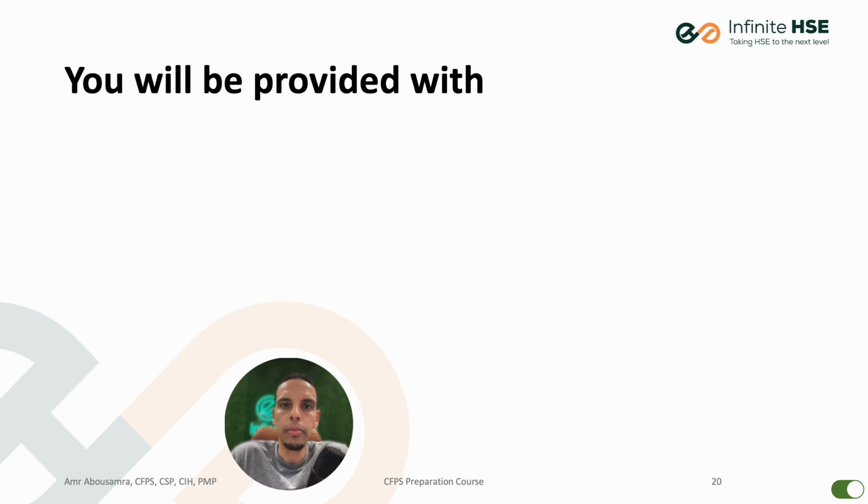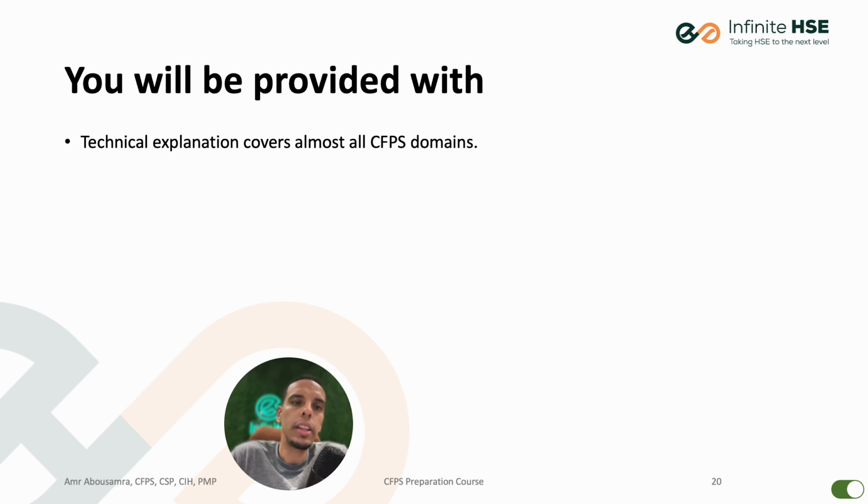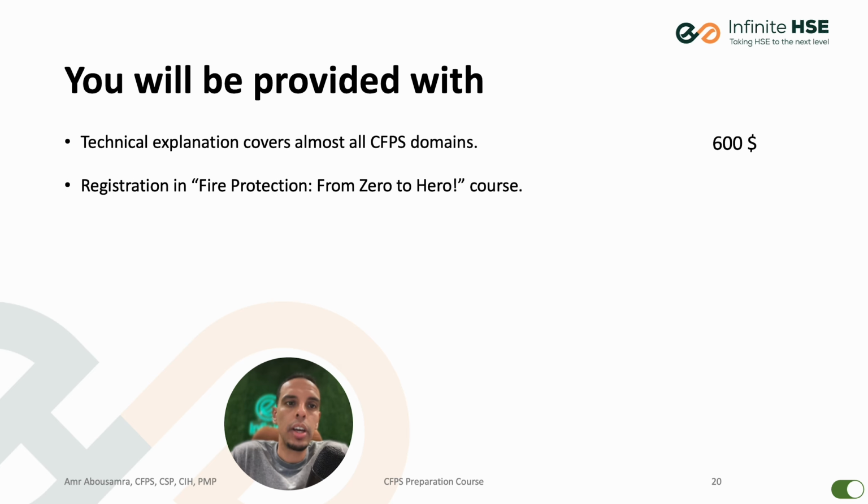$1,306. In our Infinite HSE preparation course for the CFPS, you will get the technical explanation which covers most of the CFPS domains. This costs around $600. Also, you will be registered in the Fire Protection from Zero to Hero course.